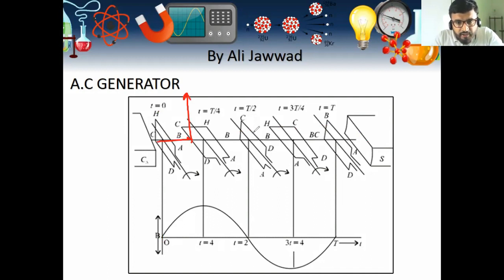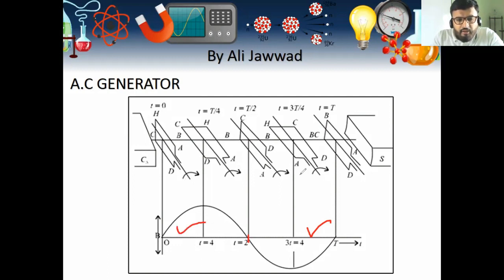Over the course of motion, we can observe that the velocity vector and the magnetic field at positions 1, 3 and 5 are parallel. So we can see that the EMF induced is 0 at these 3 positions. So it is giving the behavior of a sine theta wave. If you go into trigonometry, the graph of sine theta will be like this.